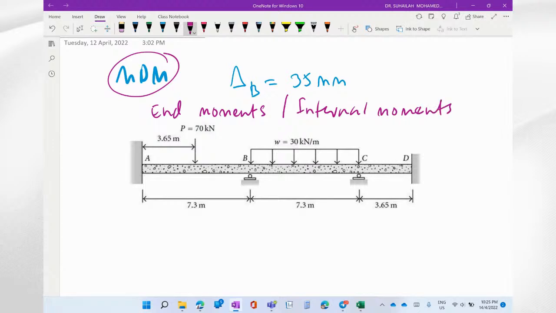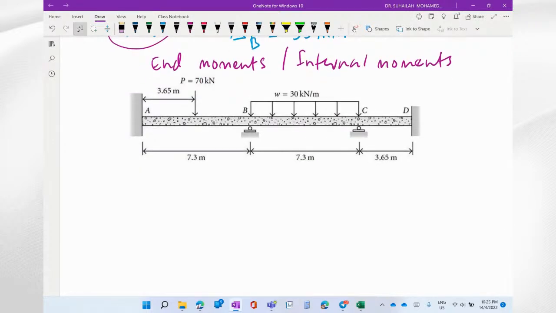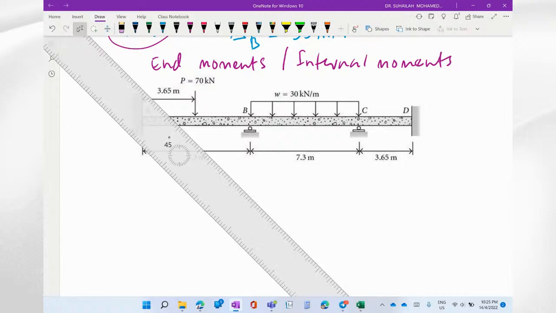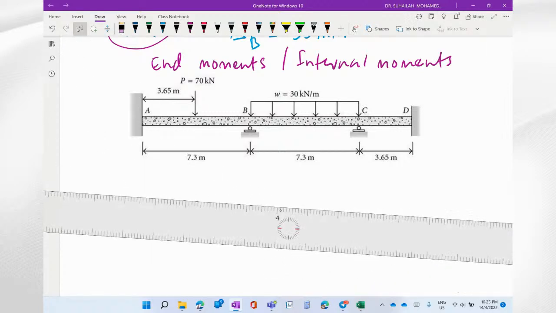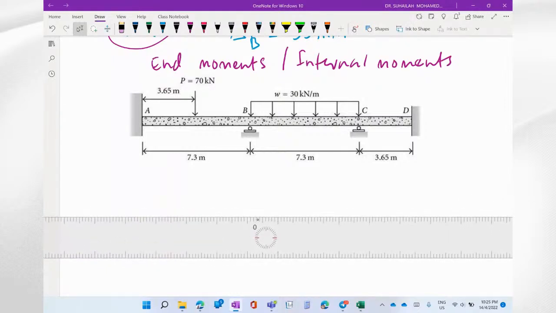So how many internal moments? Depending on how many members in this beam. This beam has six end moments because there are three members. There are four joints and three elements.